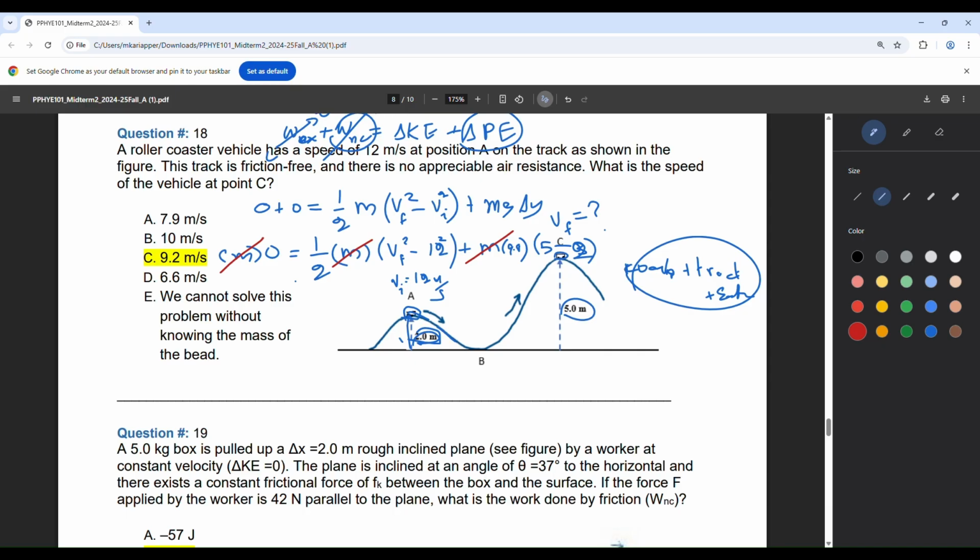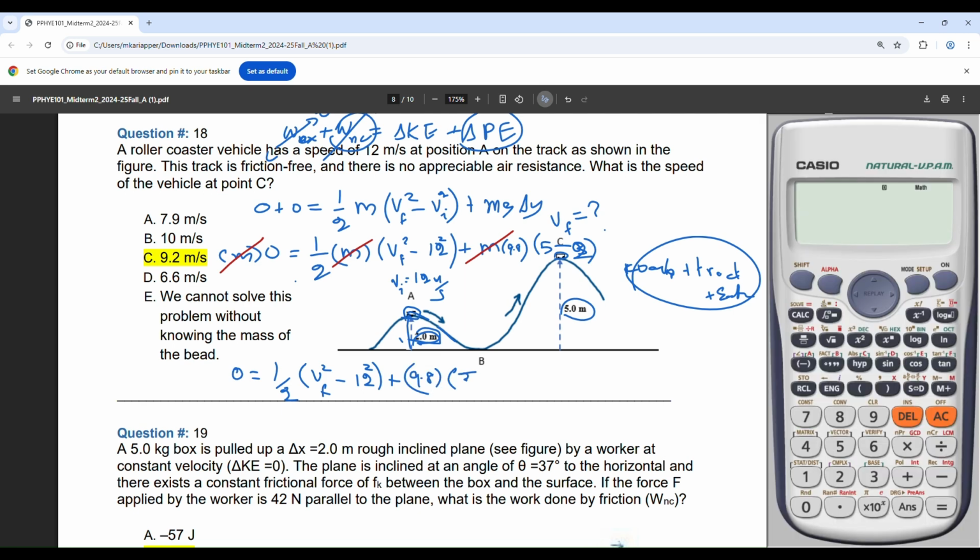Okay. So our equation becomes 0 equal to half v final squared minus 12 squared plus 9.8 multiplied by 5 minus 2 is 3. Let me keep it as 5 minus 2.